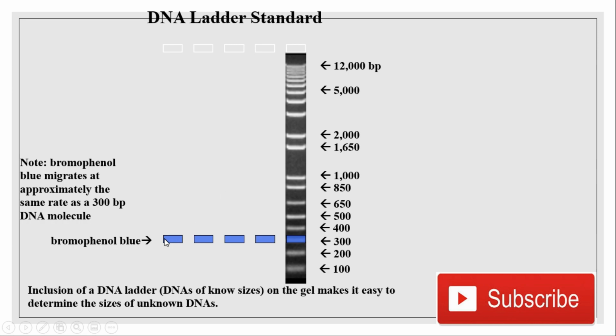So when we compare our samples, either the PCR product or the DNA here, we can match the size with the ladder. At the end we can say that our size is 300 base pair for DNA or for the PCR product.